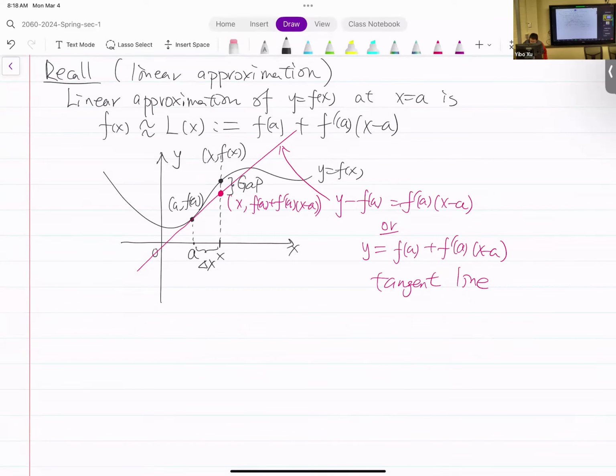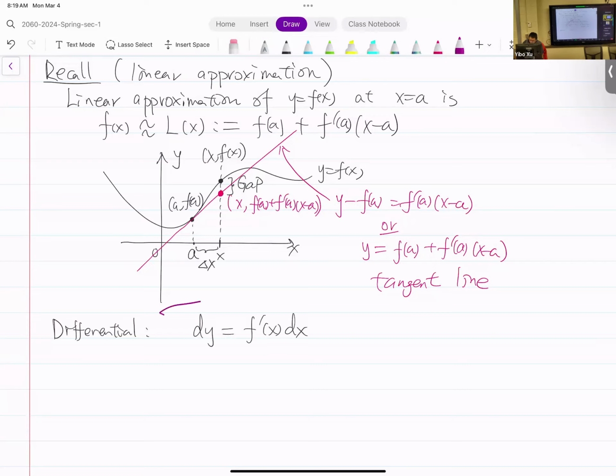So basically now we can think about a few concepts. So first one is the term called differential. So differential is actually the way that you approximate the change in output in terms of the change in input. So it's dy equals f prime of x dx, right?